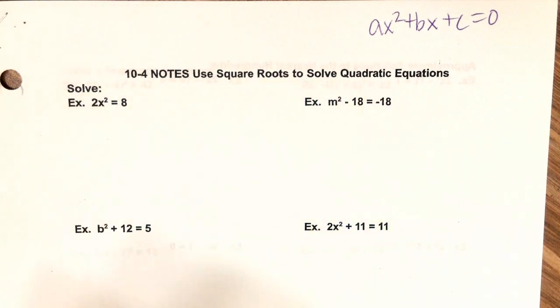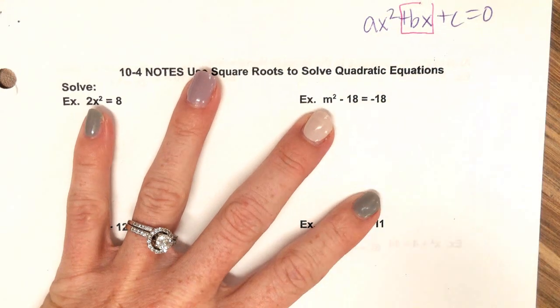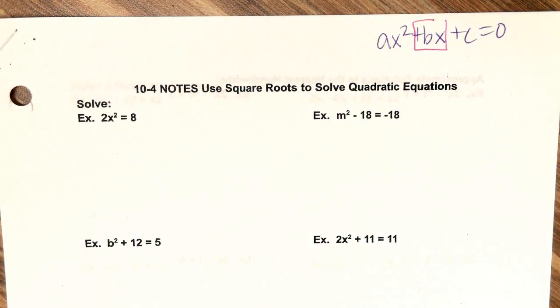If this term is missing, you can use square roots to solve quadratics. Now, in this case, you don't set it equal to 0. This is a whole different way to solve them. If you don't like this way, you can literally just set it equal to 0 and put it in your calculator every single time. But this is something that I have to show you guys, okay?